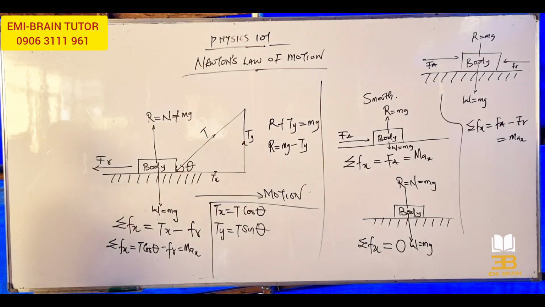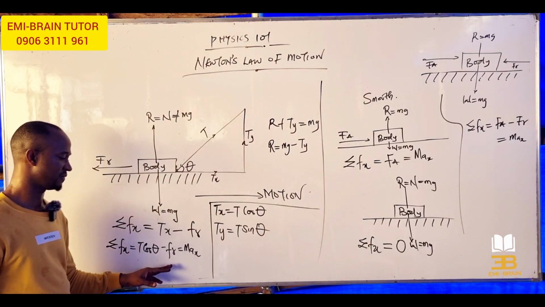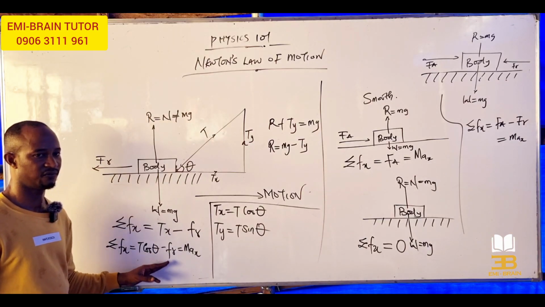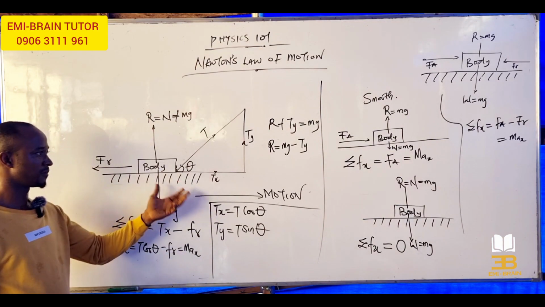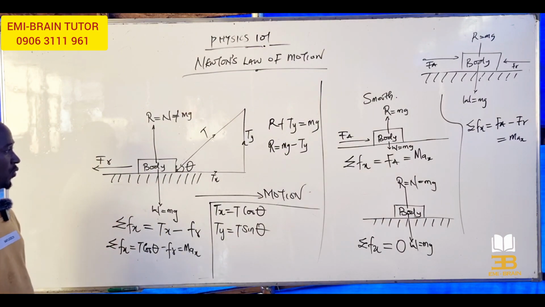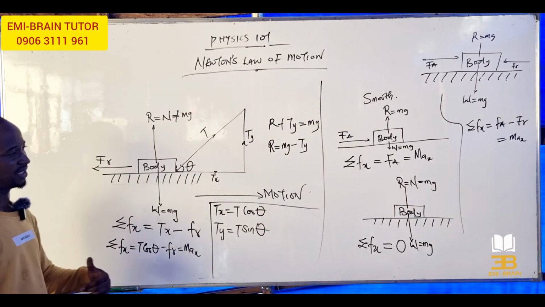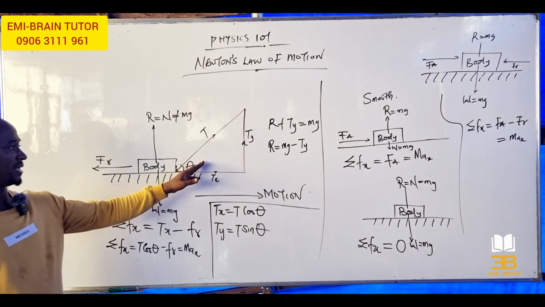All equals to max. But don't forget that your frictional force here can either be static frictional force or kinetic frictional force. When we come to friction, I'm going to explain this aspect of motion of the body. We'll look at different cases when the body is accelerating along the horizontal axis, and when the body is accelerating along an inclined plane like this.